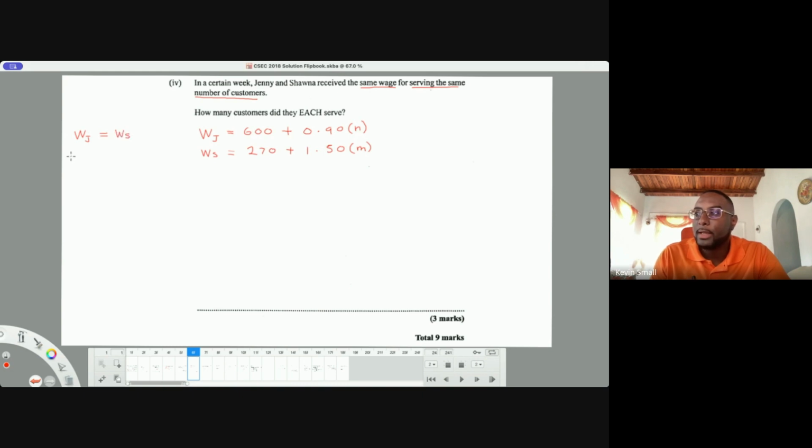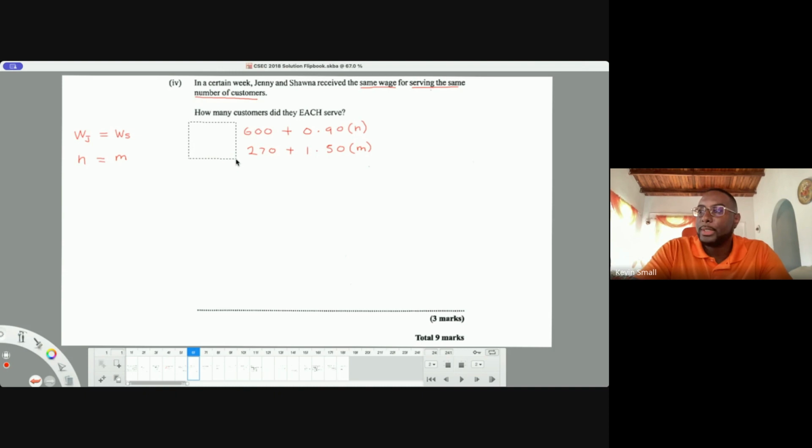And if they said that they serve the same number of customers, it also means that N is equal to M in this case. So Rodario's working is actually quite correct.